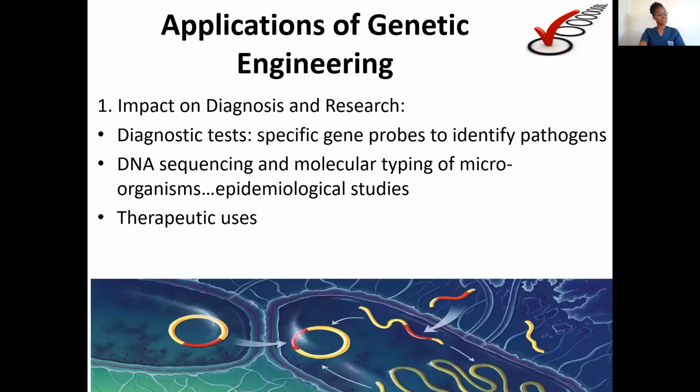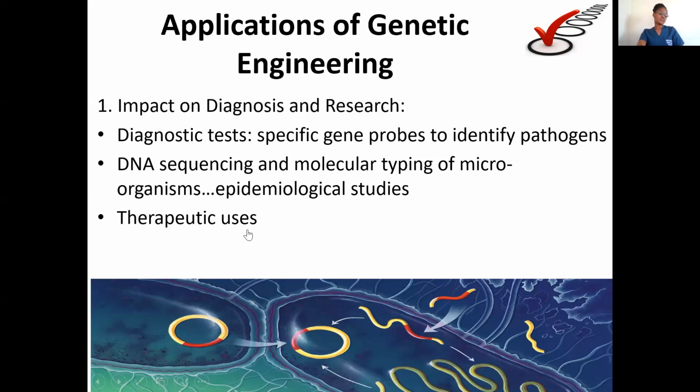So what are the applications of this genetic engineering? We use it mostly in diagnosis, research, in agriculture, all those places. So in diagnostic tests, we have specific gene probes that are used to identify pathogens. And then we have the DNA sequencing and molecular typing of microorganisms. And we use this in epidemiological studies.